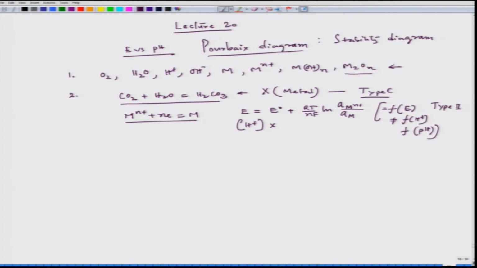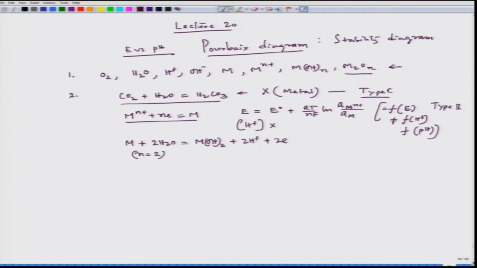We can have another reaction. For example, let us say I can have M, which can react with 2H2O and go to M(OH)2 plus 2H plus 2e, and at that time n is basically 2. This is another reaction we can consider that can happen in water when a metal is exposed to moisture or an aqueous medium.